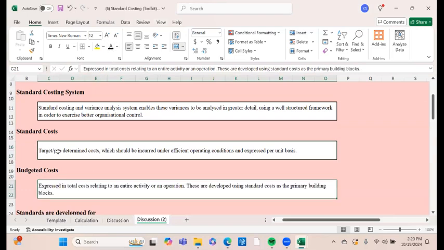Of course, a standard, just like a budget, is decided in advance. So it is a predetermined cost which should be incurred under efficient operating conditions.